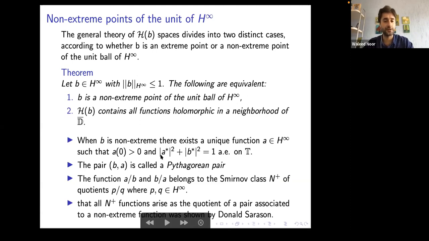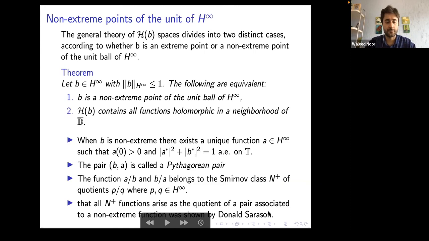It is a unique function which together with b satisfies this property, that modulus a squared plus modulus b squared is equal to 1 almost everywhere on the boundary. The star represents the boundary limits. Such a pair is called a Pythagorean pair, and the quotients belong to the Smirnov class. The Smirnov class are functions which are the quotients of bounded holomorphic functions, basically.